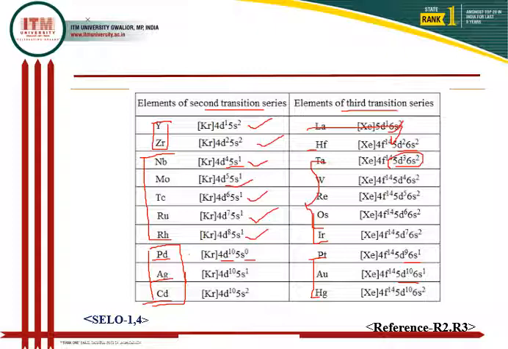From the third element, niobium to rhodium or tantalum to iridium, we have the difference, and the first two elements commonly have the same valence configuration. So there is a similarity in the electronic configuration of both the second and the third transition series.